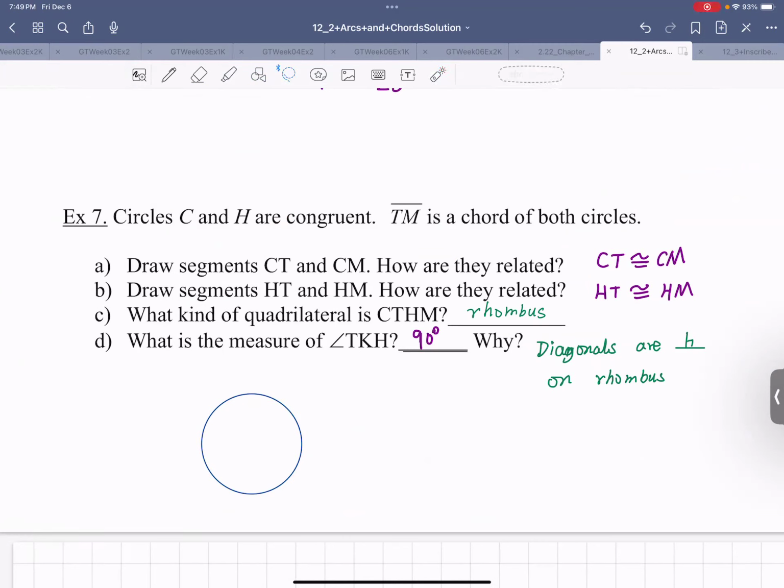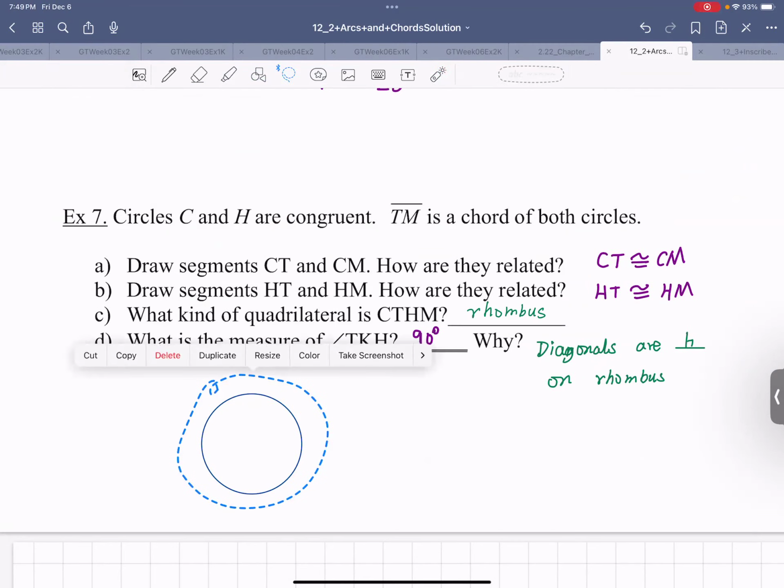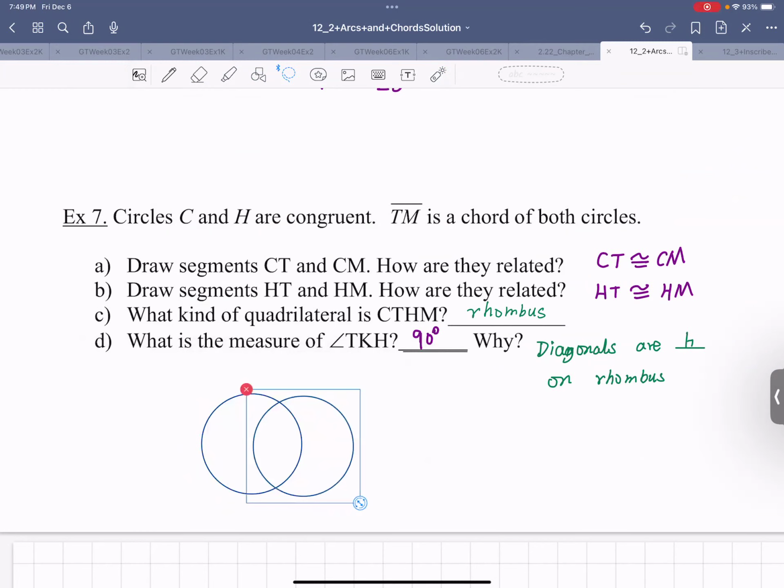So you can copy and paste. I don't want to make this circle look like this so that you give the conclusion saying this thing looks like a square. I did it on purpose to put this one a little bit further. Okay, go do this drawing on your paper.